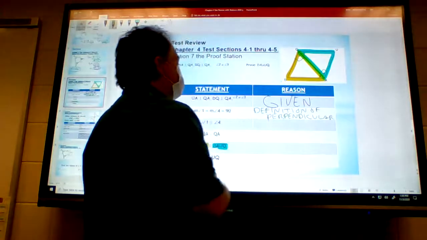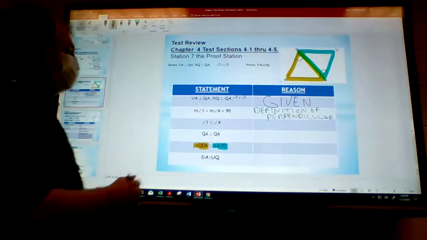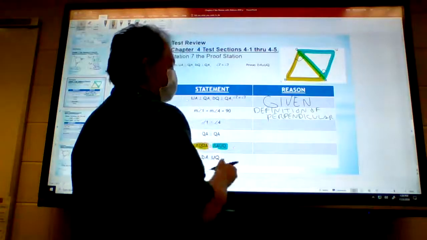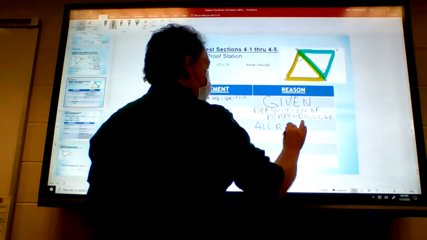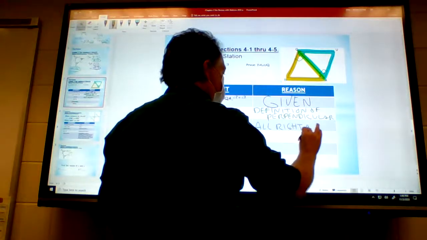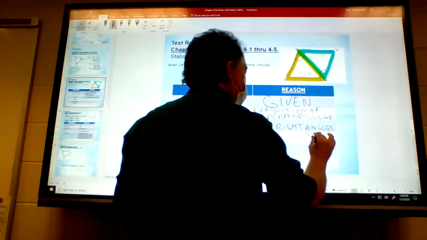So by definition of perpendicular, the two angles have equal measure. And then we come back and state that they're congruent by the fact that all right angles are congruent.